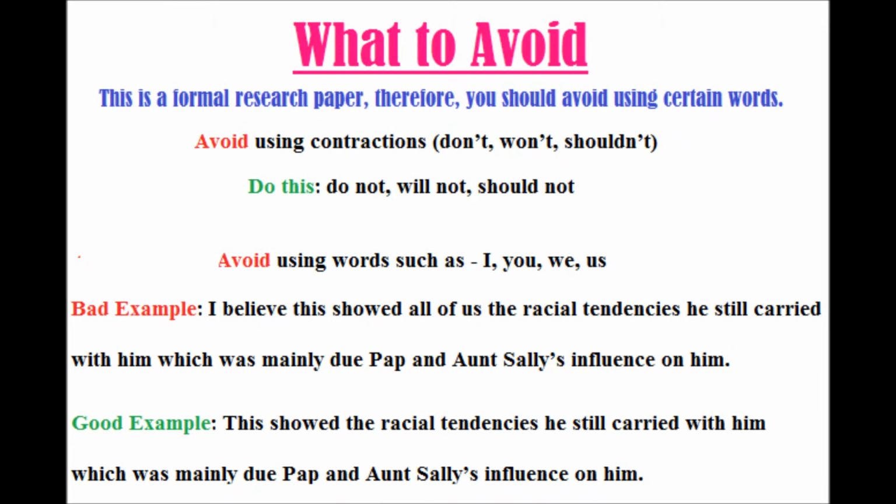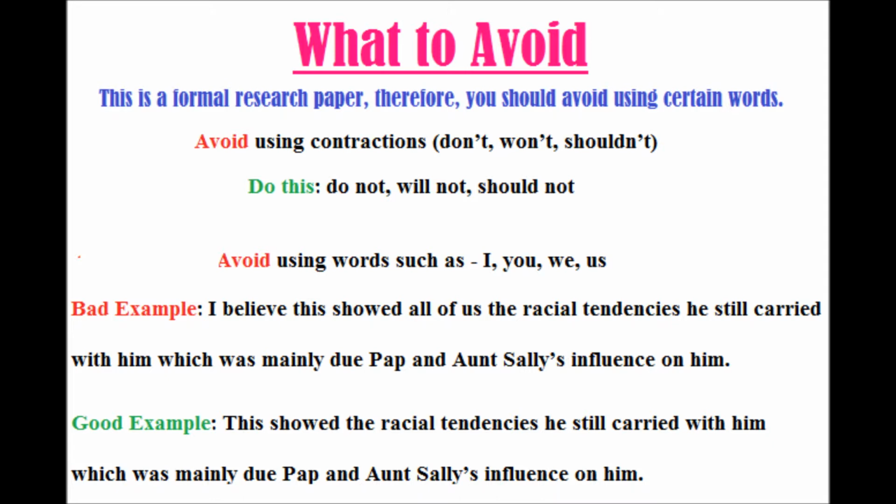This is a formal research paper. Therefore, you should avoid using certain words. Avoid using contractions. This includes words like don't, won't, and shouldn't. Use the full two words instead. Do this. Use do not, will not, and should not.